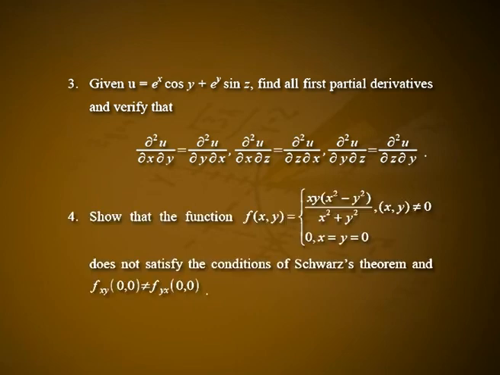Fourth one, show that the function f(x, y) equal to xy (x² - y²)/(x² + y²) for (x, y) not equal to (0, 0) and equal to 0 for x equal to y equal to 0 does not satisfy the conditions of Shaw's theorem and fxy at (0, 0) is not equal to fyx at (0, 0).